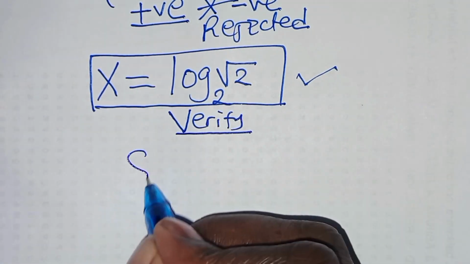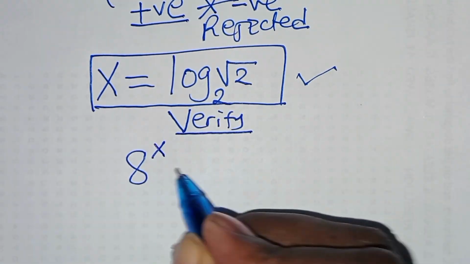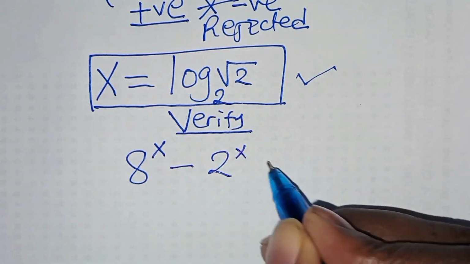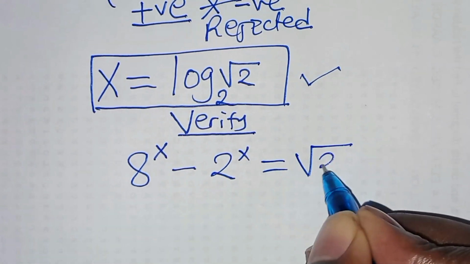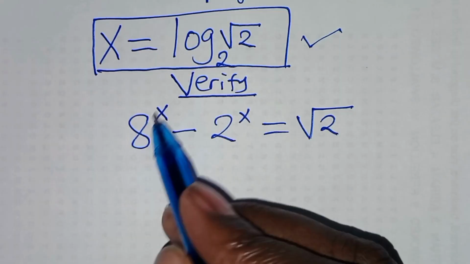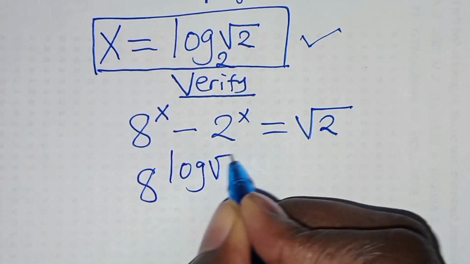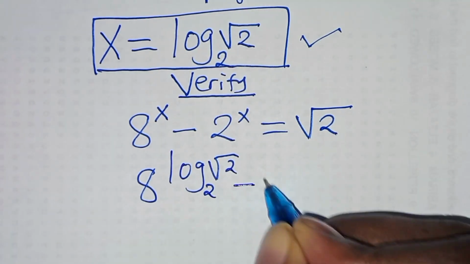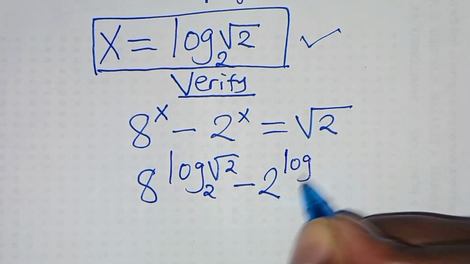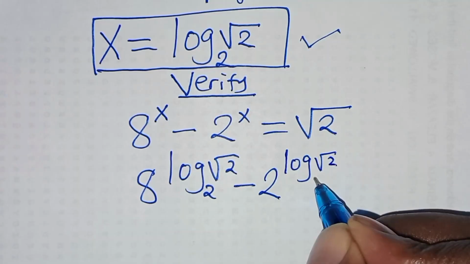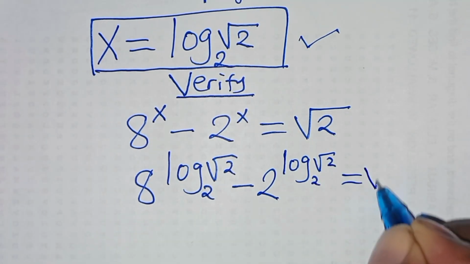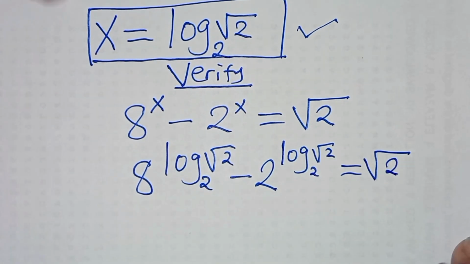Now we have that 8 to power x subtract 2 to power x should give us a value of square root of 2. Let's substitute x. So we have 8 to power log square root of 2 to base 2, subtract 2 to power log square root of 2 to base 2. This should give us square root of 2.